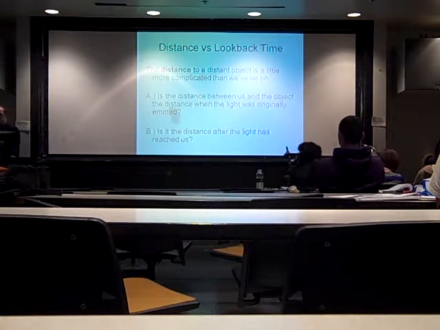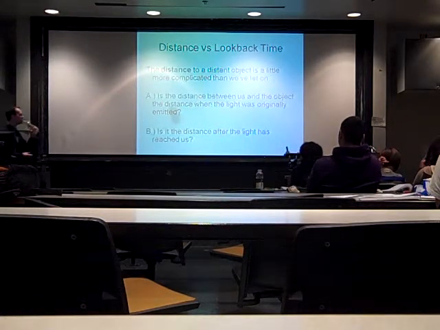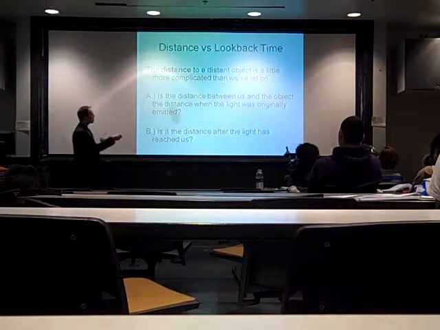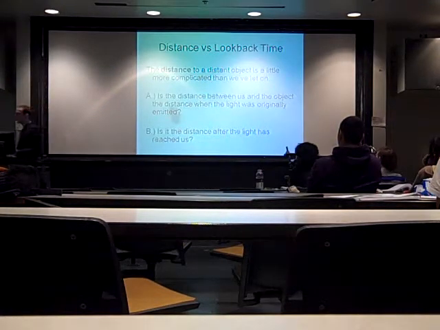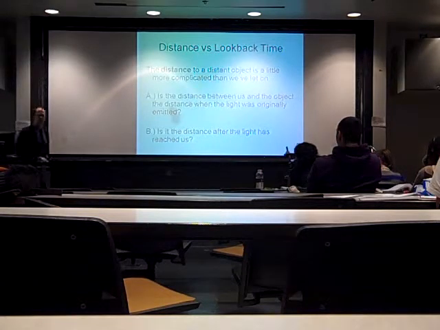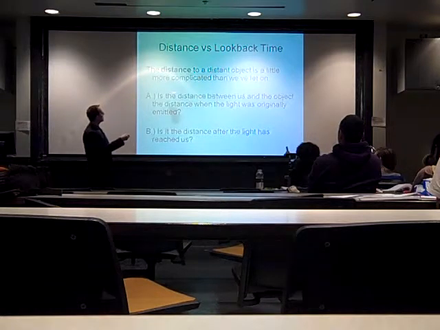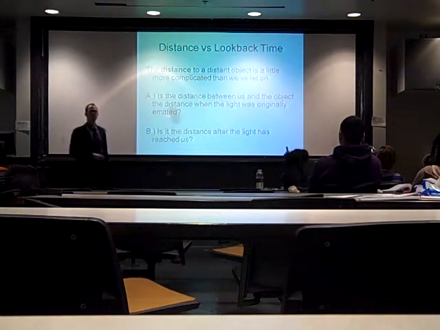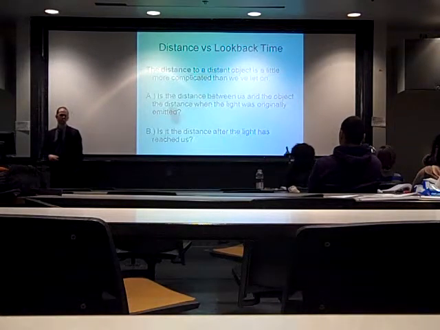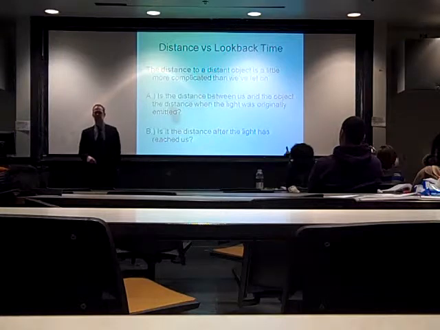One other thing. So the distance to an object, if you can think about it a little bit now that you know a little bit more, is a little more complicated than I do believe. We really use something called a look-back time. Why is it more complicated? So think about it. Is the distance between us and an object the distance when the light was originally emitted from that object? Or is it the distance after the light has reached us?